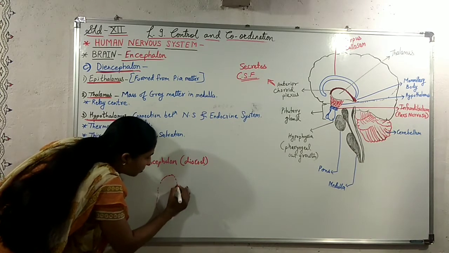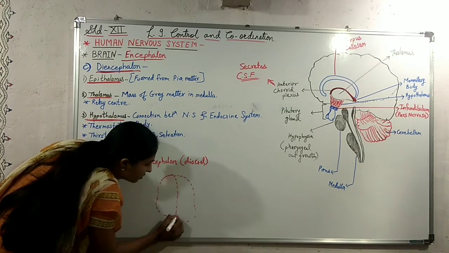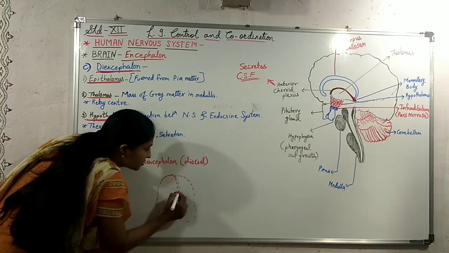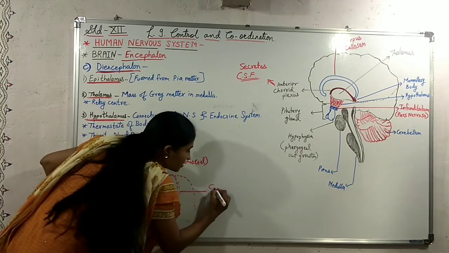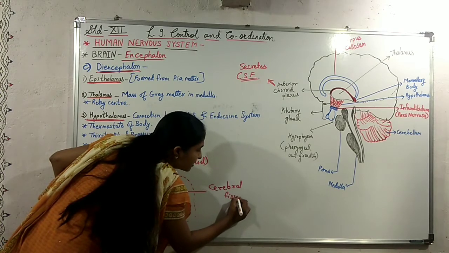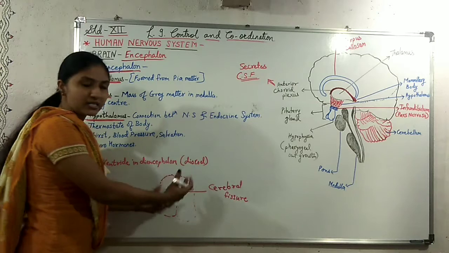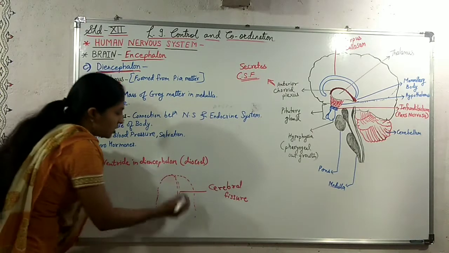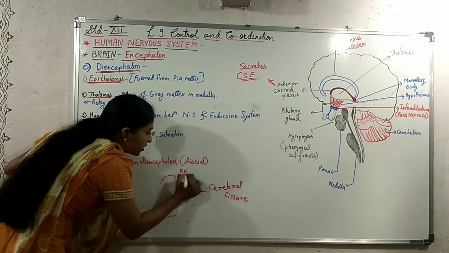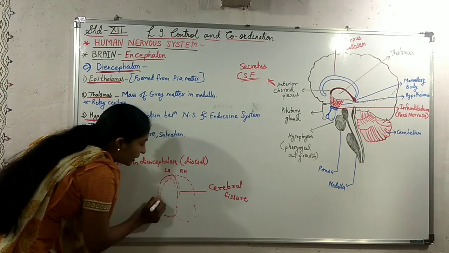As we talked about in the previous part, these are the cerebral hemispheres. This is the cerebral fissure, which divides the cerebrum into two hemispheres. So this is the right hemisphere, this is the left hemisphere, and there is a cavity inside it.